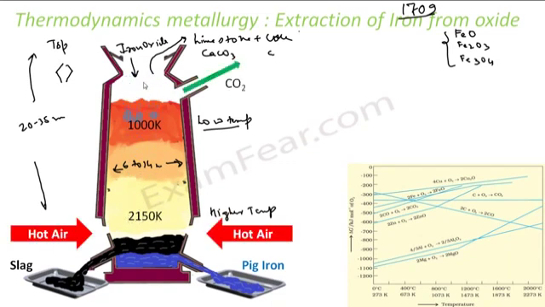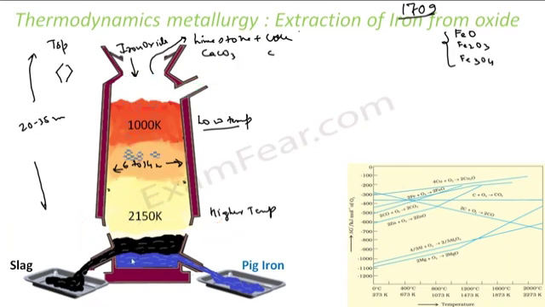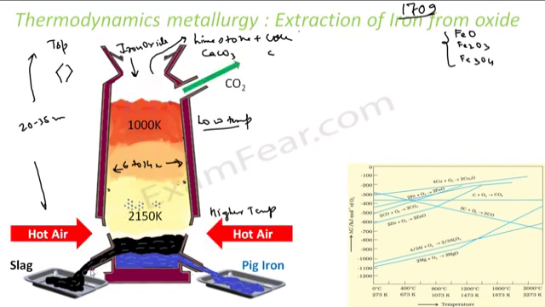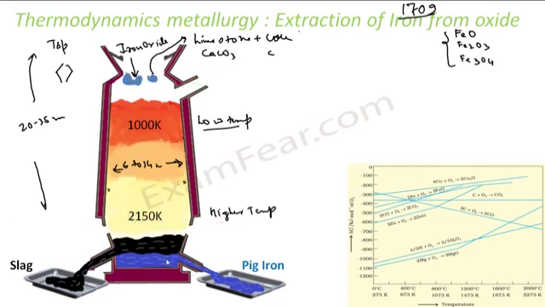Here the blue one is my iron oxide plus calcium carbonate and coke. All these three are mixed and dumped from the top. The pig iron is collected, and the waste is slag, which is collected on the right hand side. The slag is lighter than pig iron, so it floats. Actually, this is all liquid because at this temperature pig iron and slag are in liquid form.